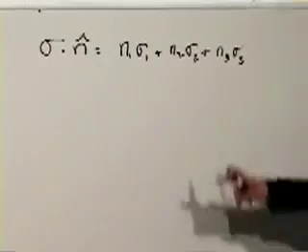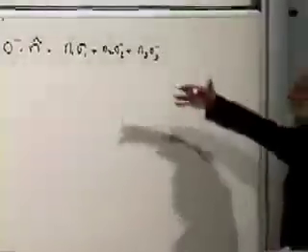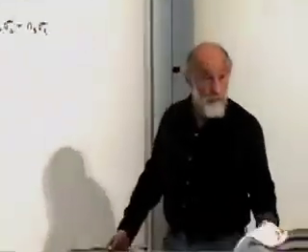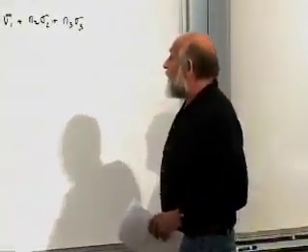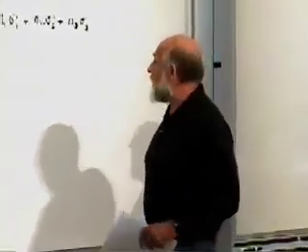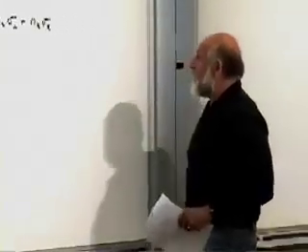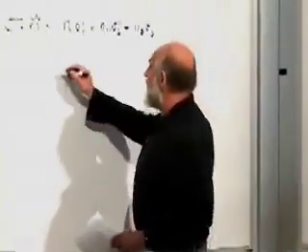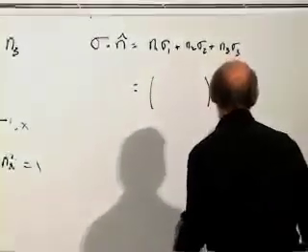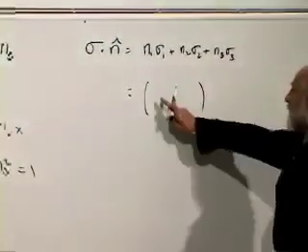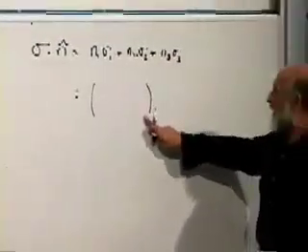The sigmas are matrices, and so this whole thing is itself a matrix, or if I want to be technically correct, a linear operator. But let's just think of them as matrices. Let's write down what the matrix is. Sigma 3, remember what sigma 3 is? It's the matrix with a 1 and a minus 1.